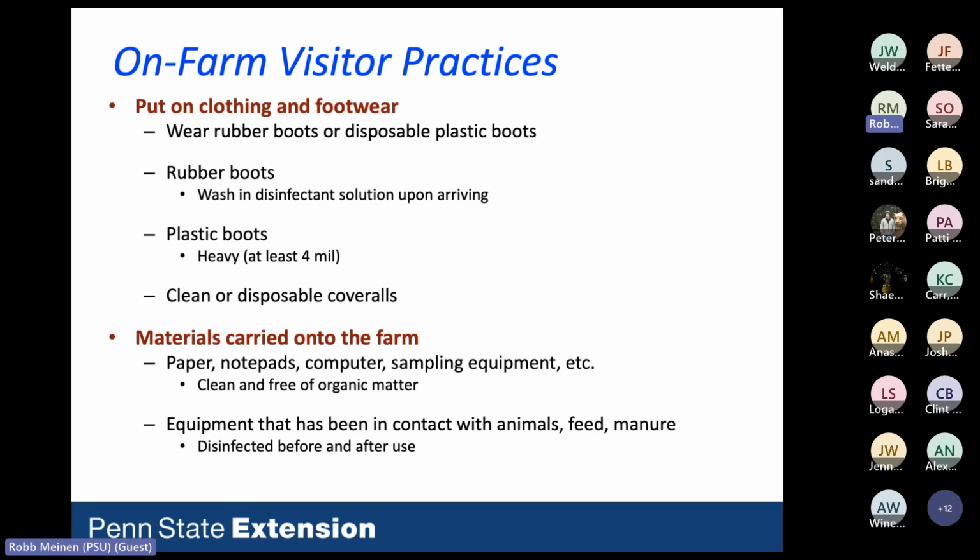Make sure they're clean, disinfected if necessary, if they've been to other farms, and if appropriate. You don't want to dunk your computer in liquid, but you can spray it down with some Textrol or some other product. If your equipment has been in contact with animals, feed, manure, or other organic material from any farm, you want to especially be careful that you remove that organic matter and disinfect.